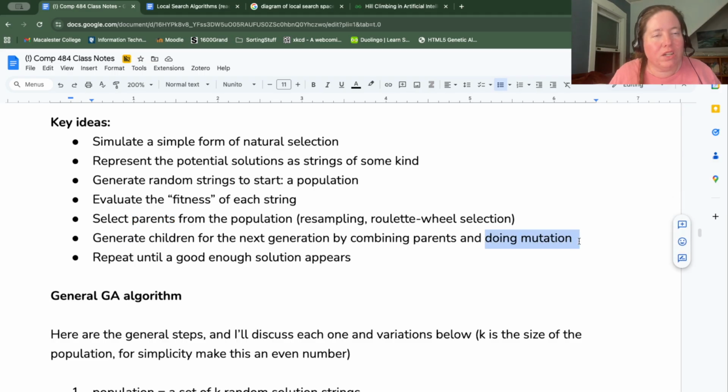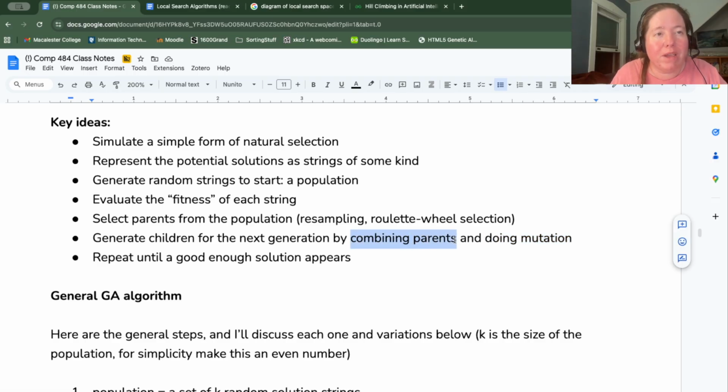We do mutation on those children, so that mutation is kind of like what we do with thinking of a neighbor in hill climbing terms. So we make a small local change to this string that represents our solution, and we get a new solution that is a neighbor. So mutation works very much like what we were doing with hill climbing.